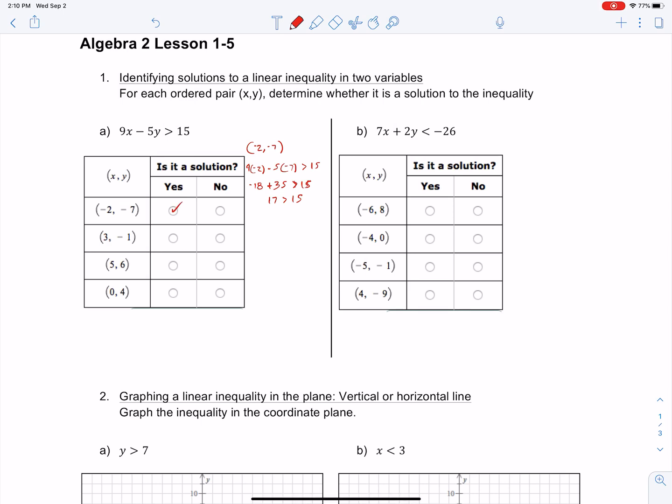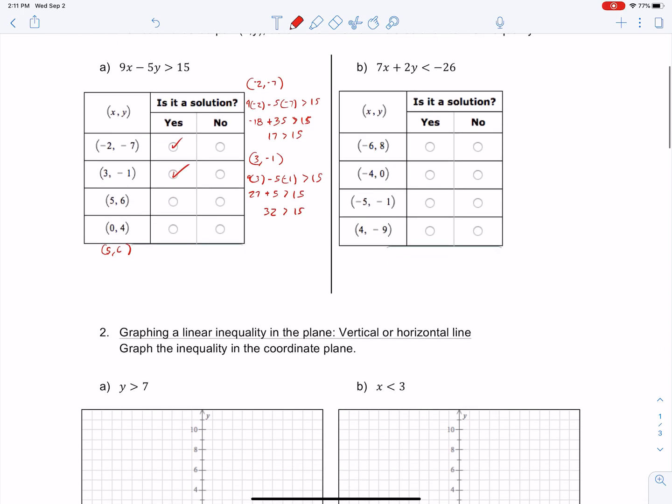It is true. Let's try it for 3, -1. We get 9 times 3 minus 5 times -1 is greater than 15. 9 times 3 is 27 plus 5, is greater than 15. 32 is greater than 15. That one works. What about 5, 6?